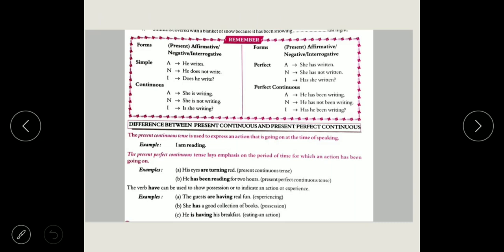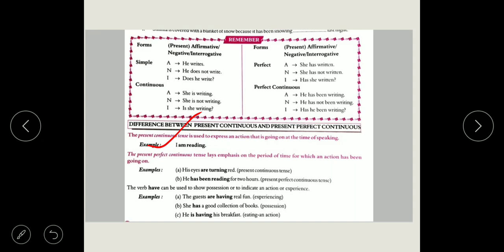Difference between present continuous and present perfect continuous tense. The present continuous tense is used to express an action that is going on at the time of speaking, and present perfect continuous tense lays emphasis on the period of time for which an action has been going on. One example is there in your textbook. See here, I am reading, present continuous tense.